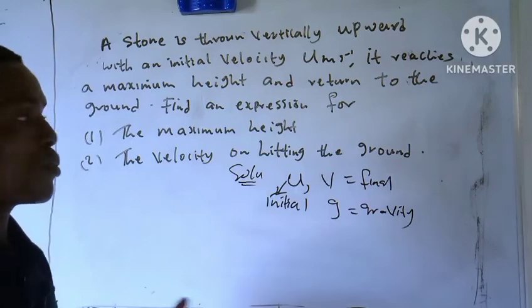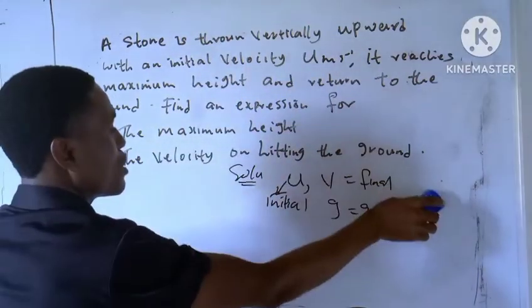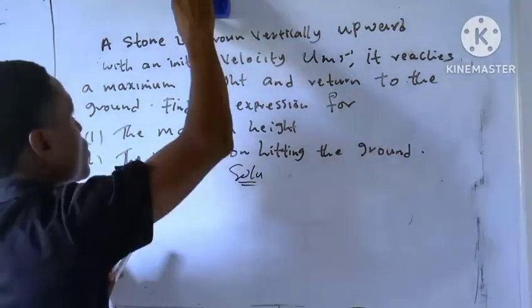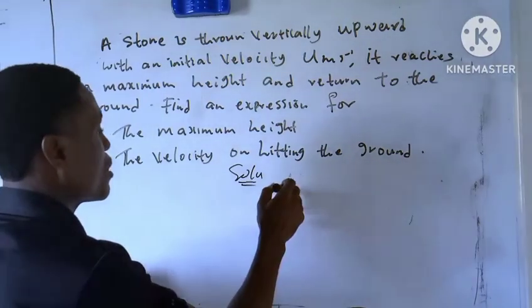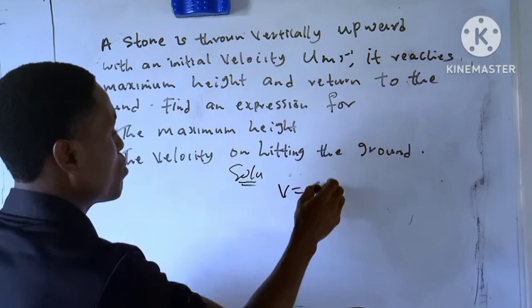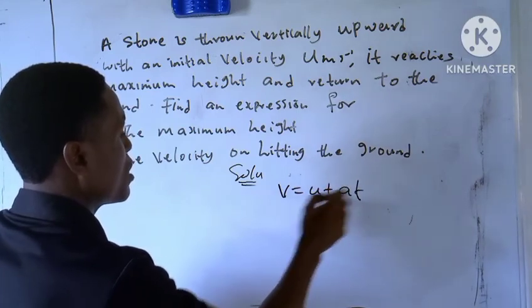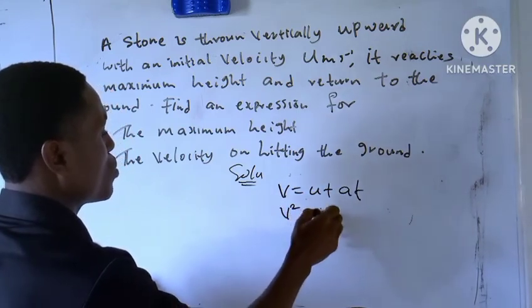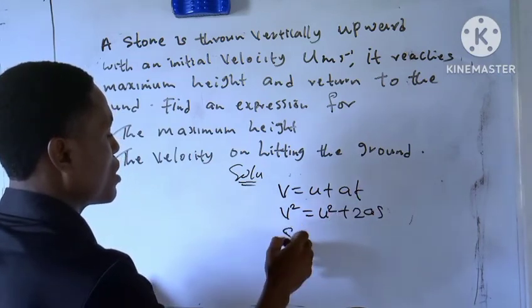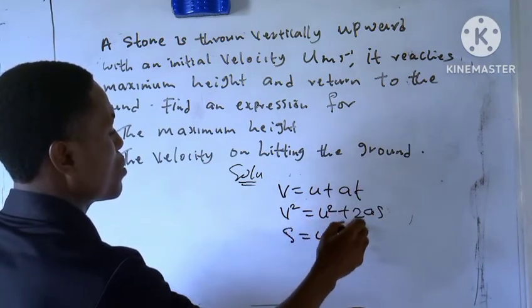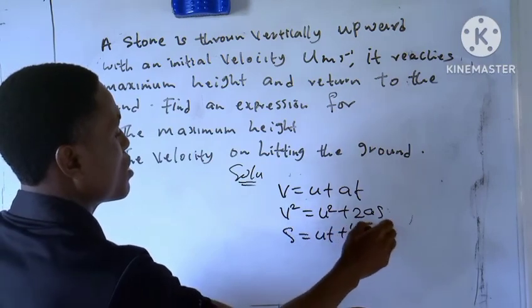So we have almost how many formulas? We have three main formulas which we are using in calculation under motion, right? The first one is v equal to u plus at, v square equal to u square plus 2as, and s equal to ut plus half at square.